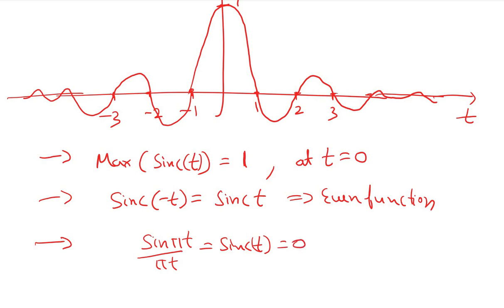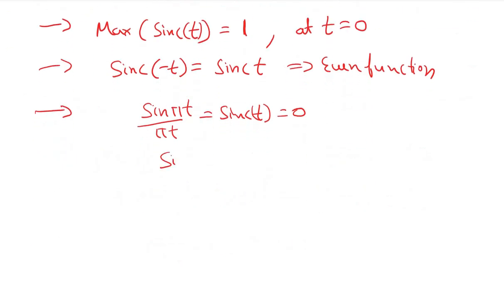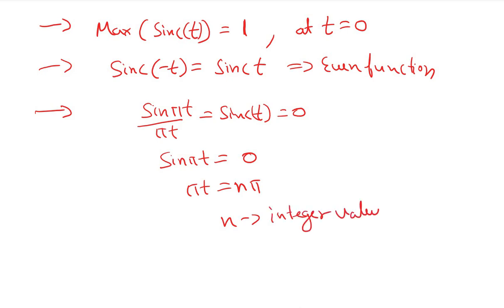Thus you can say that sine pi t is equal to 0, or pi t is equal to plus minus n pi, where n is any integer value.